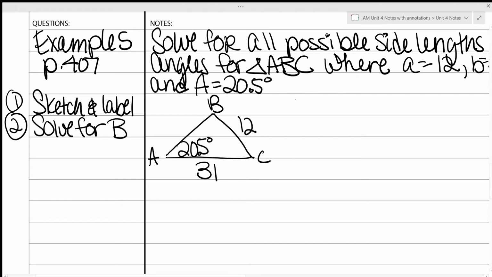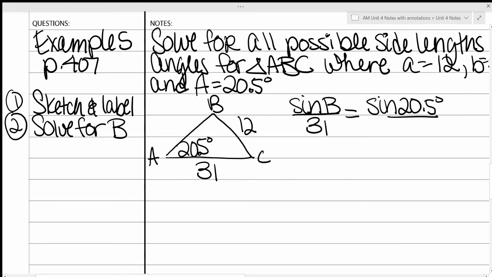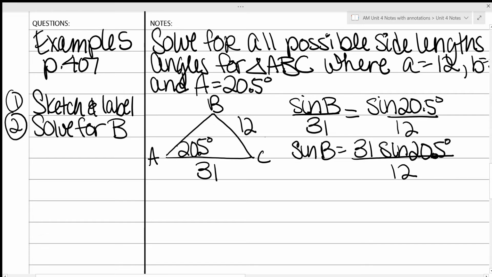Okay, so sine b over 31 is equal to sine of 20.5 over 12. Okay, I am going to multiply 31 on both sides. And then we're going to take the sine inverse of both sides.